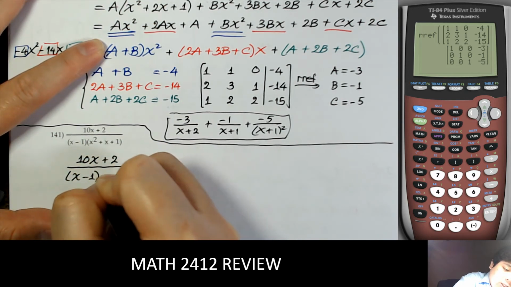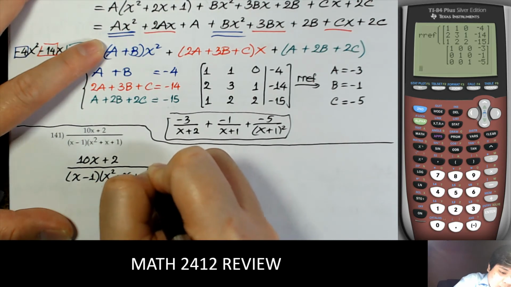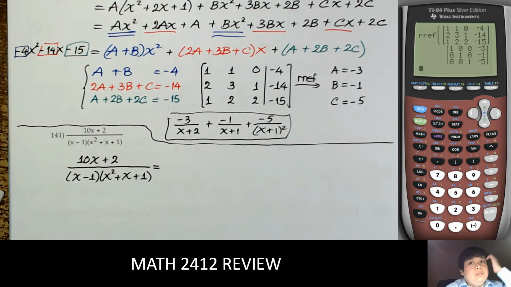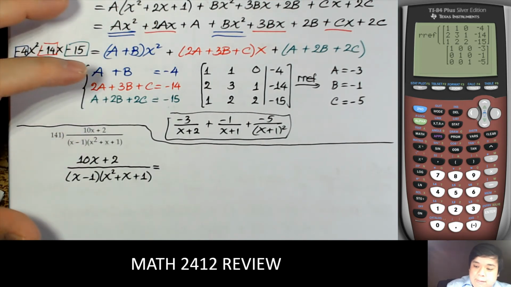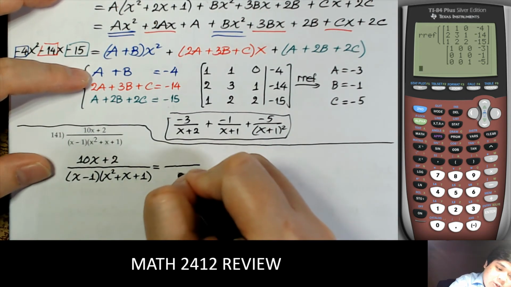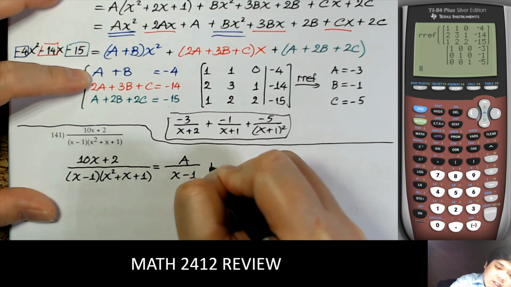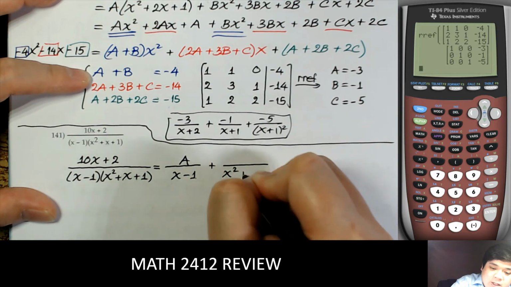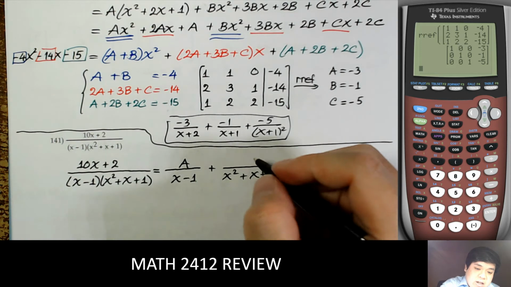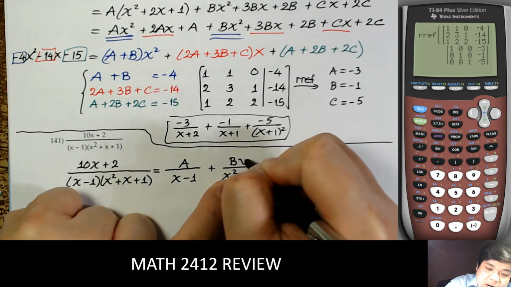x minus 1, x squared plus x plus 1. First we have only two factors, so we have x minus 1 here. Will be A on the top, and then we have x squared plus x plus 1. Just need to factor it completely. If that is the case, with x squared at the bottom, the top degree will have 1 less.